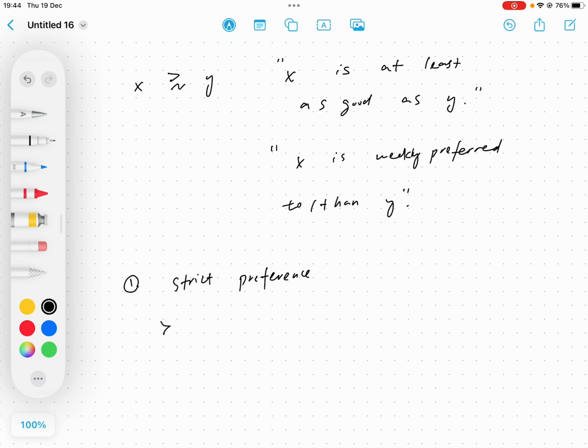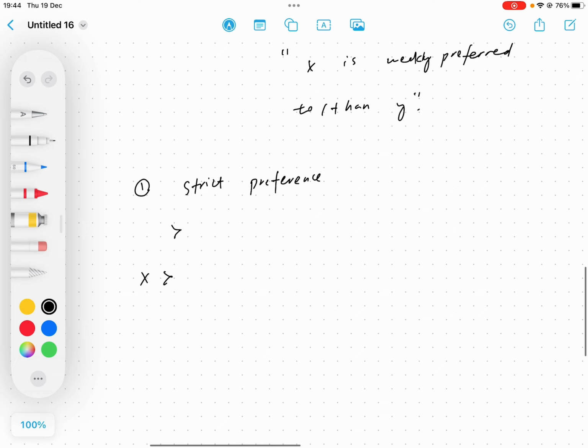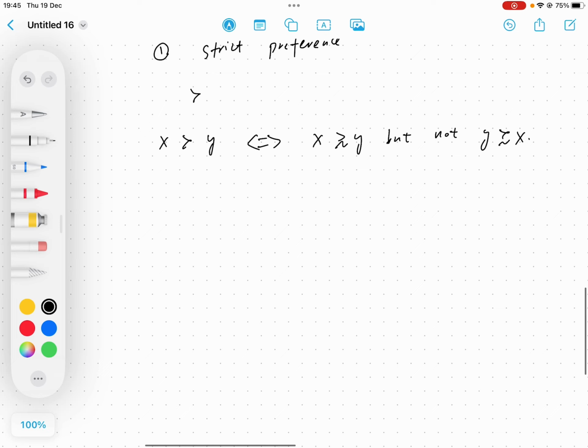Okay. So the definition of this strict preference is such that x is strictly preferred to y if and only if x is weakly preferred to y, but not the other way around. Okay, but y is not weakly preferred to x. So in this case, this means that x is strictly preferred to y.